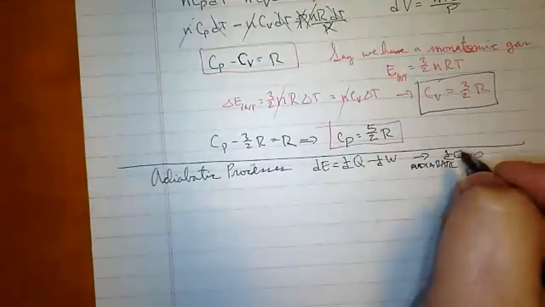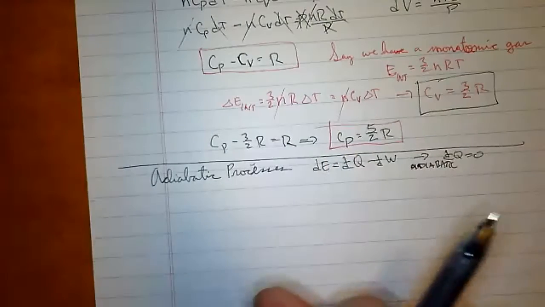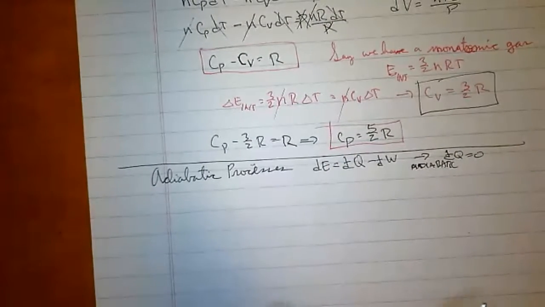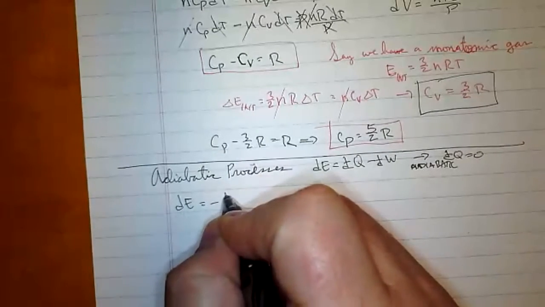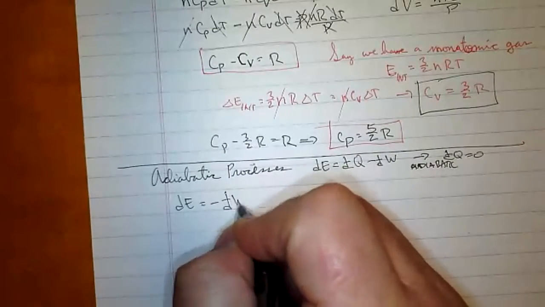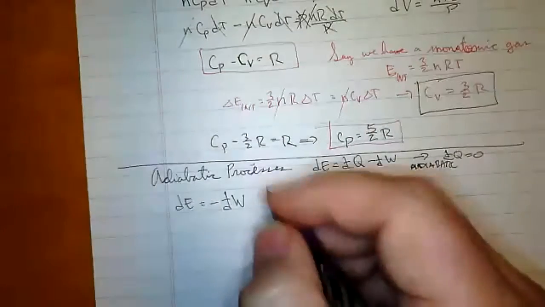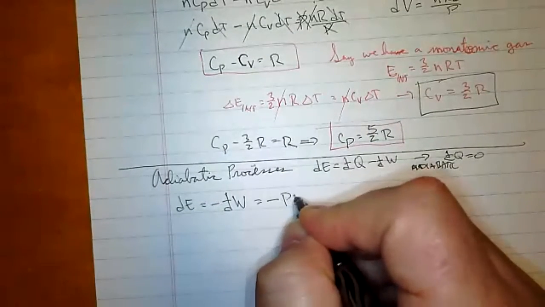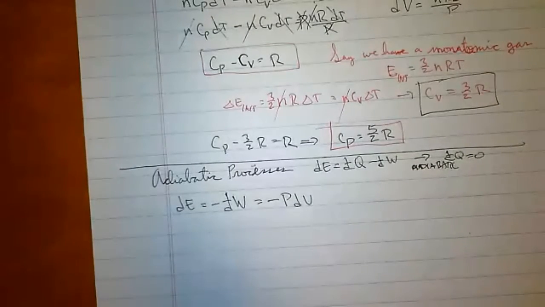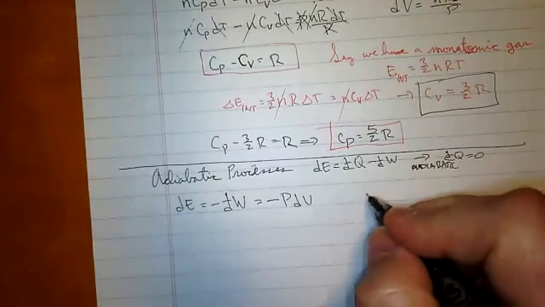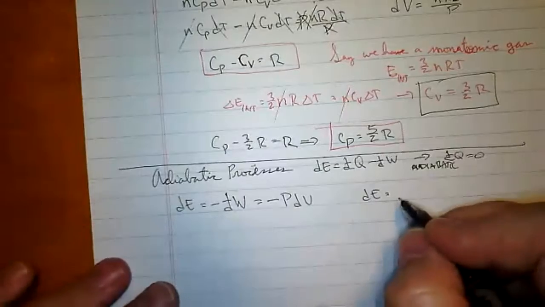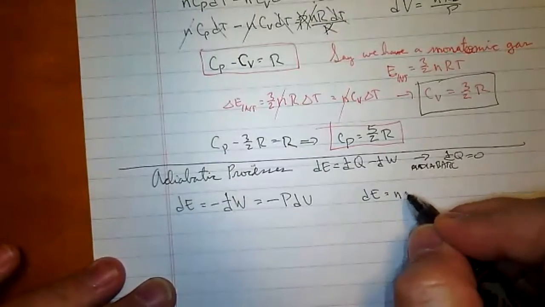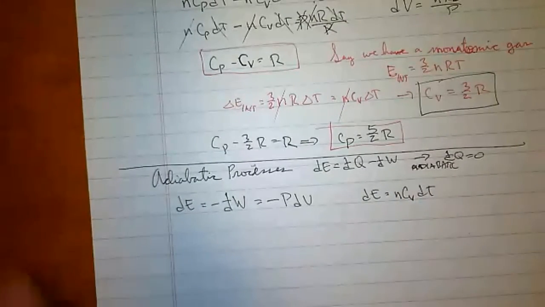But when you do have an adiabatic process, the Q is 0, so dE is just equal to the negative of the work done. And of course, the work done is negative PdV, like that. Now we can take the idea of working at a constant volume, and say d internal energy for the same change, but for a constant volume, is just N times Cv times dT.